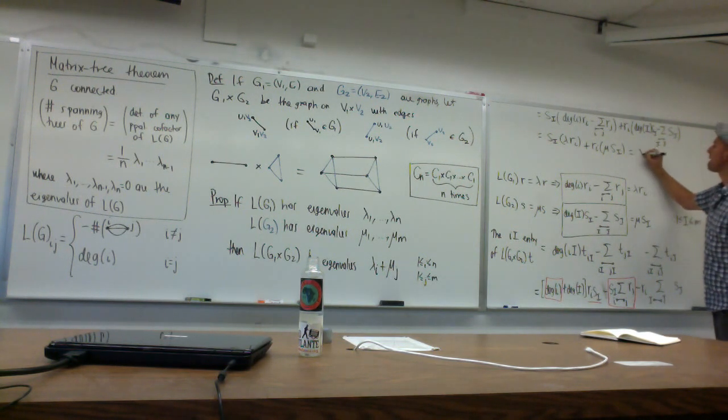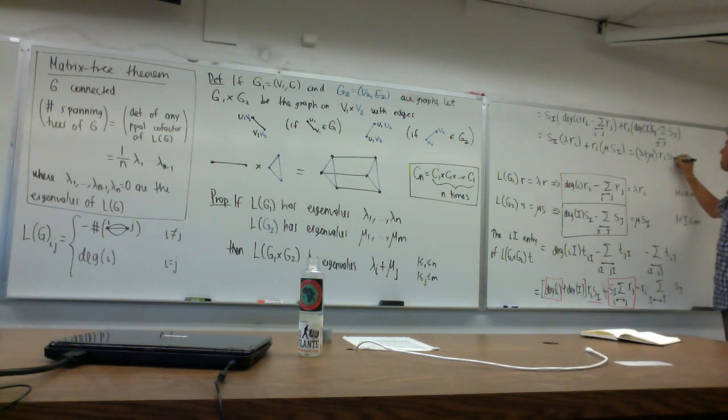And so what I get is lambda plus mu times R i S capital I, which is the I entry of lambda plus mu. I mean, this R i S i is the same thing as T I. And so what this says is that this is precisely lambda plus mu times my vector t, which is saying that this is an eigenvector. And the eigenvalue is lambda plus mu. Okay.